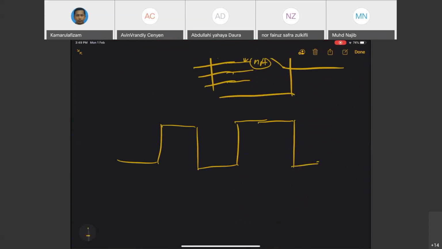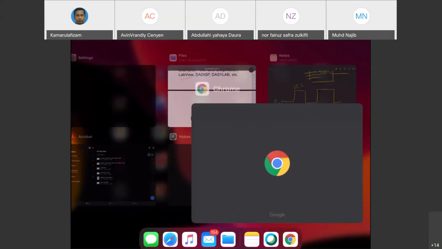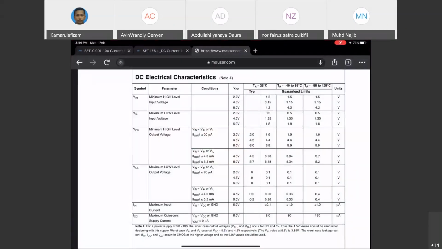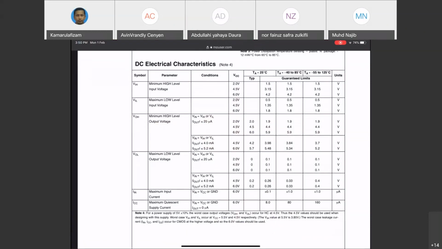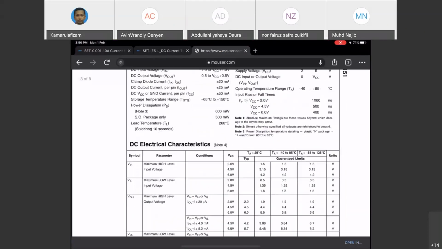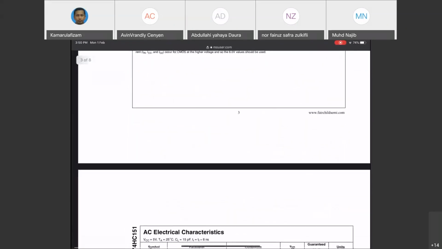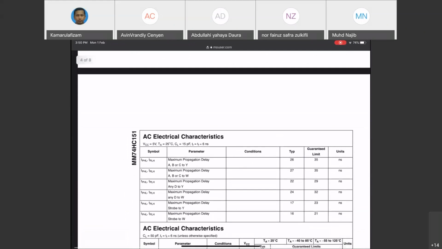This is 0 volts, and this is VCC, which goes back to your power supply. These IC chips specify V input high and V input low, and they have given you the rise time and the fall time so that you can give the right information at the input.